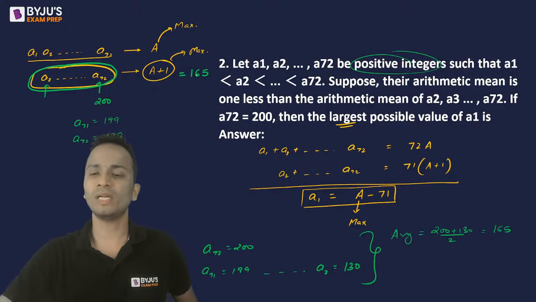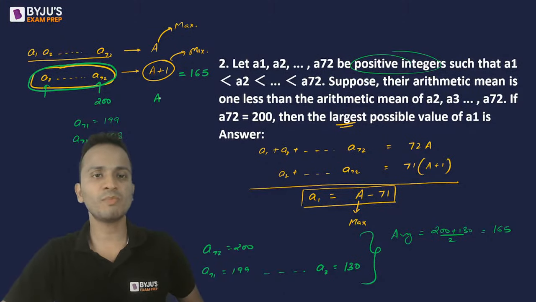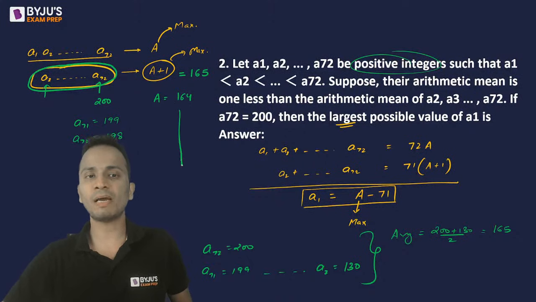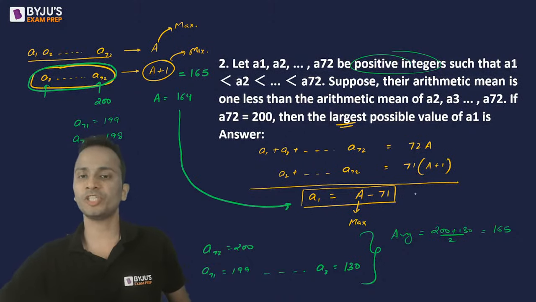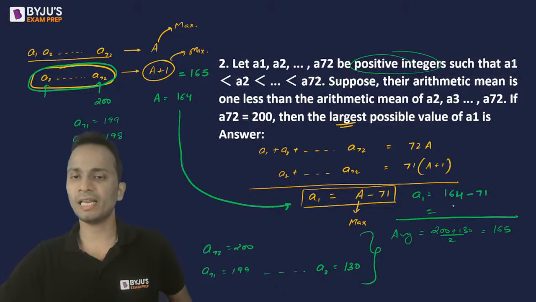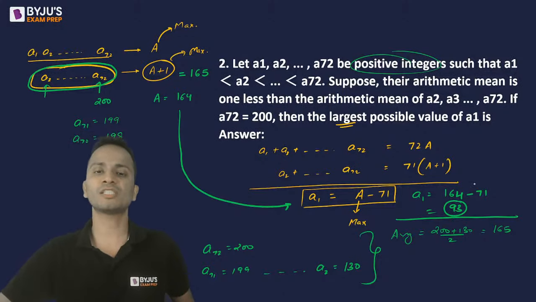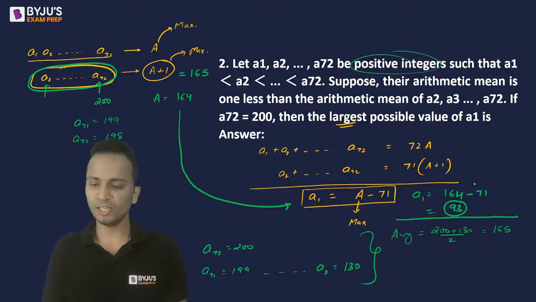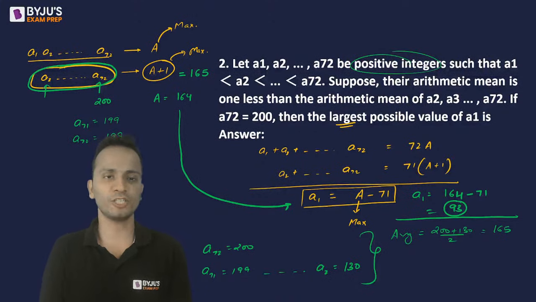It will be 165. So the maximum value of A will be 164. And substituting this maximum value of A in this equation, I will be able to get the maximum value of A1. That will be 164 minus 71. All right. And subtracting, I'll get 93 as the maximum value of A1. Okay. So that will be the correct answer for this question.